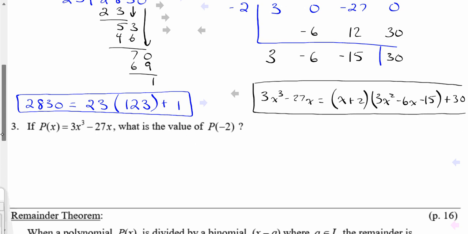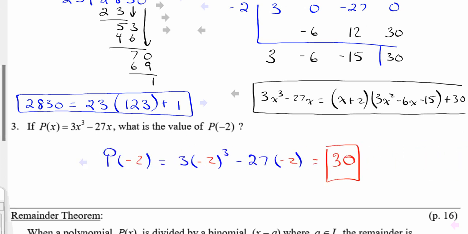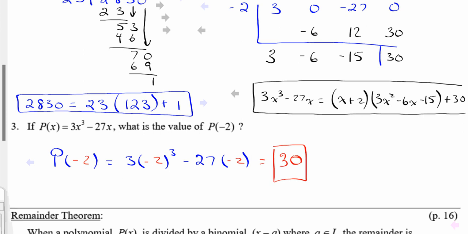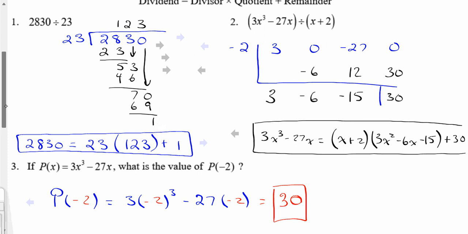When I replace the x's with -2, p of -2 is equal to 30. Oh, interesting. 30 shows up in question 2 as what? As the remainder. Yeah, that will always happen. Which is why, as I mentioned, I prefer using this method for synthetic division, where I look at this x plus 2 and say what value for x makes that 0? -2.